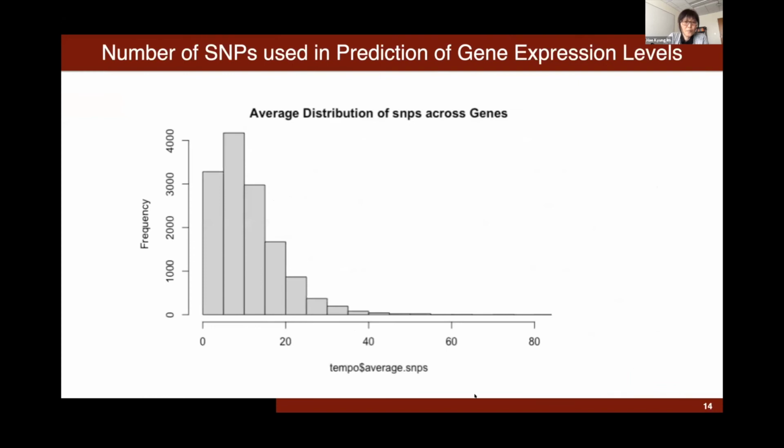Okay, so how many SNPs were used in the prediction of the transcript levels? It's a median of 10 or a few more. We should not think of them as causal SNPs, but they do give us some sense of polygenicity, if you will.